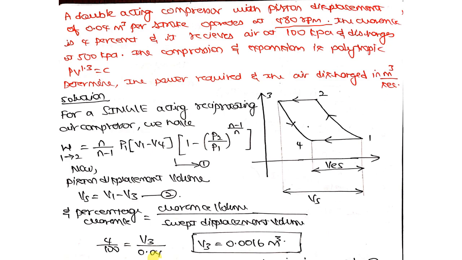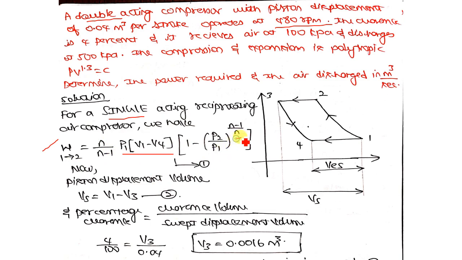So first you have to calculate the work done. For the single acting reciprocating compressor, this particular expression is for single acting, but here it is double acting. We shall see what we have to do with that. Okay, for a single acting reciprocating air compressor, the work done from 1 to 2 is n divided by n minus 1, P1 into (V1 minus V4) into (1 minus pressure ratio, which is (P2 by P1) whole to the power of (n minus 1) by n).